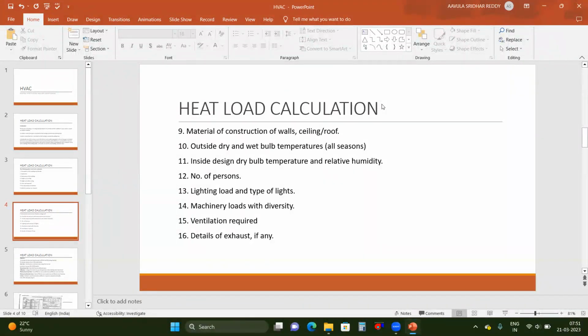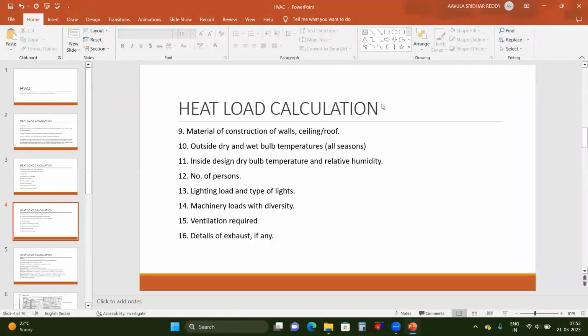Due to that heat, our air conditioning equipment design will vary. Diversity means if we have 20 laptops, 10 laptops are used for 12 hours and 10 after 12 hours. So we need to consider only 10 numbers, because 20 are not used at one time. So there is a diversity.